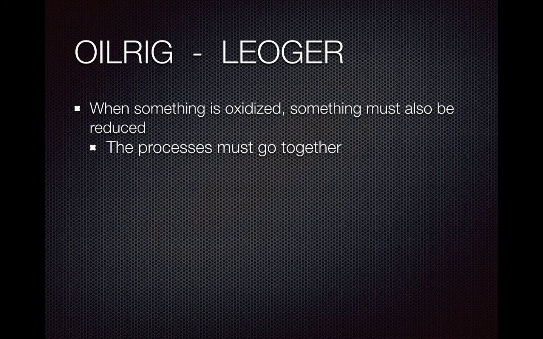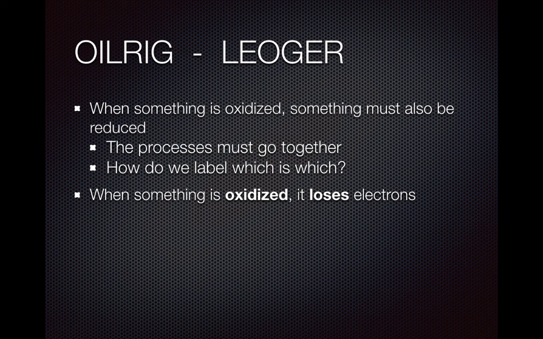So how do we label which process is oxidation and which is reduction? We take a look at the oxidation states, and what we see is that when something is oxidized, it loses electrons, and when something is reduced, it gains electrons.